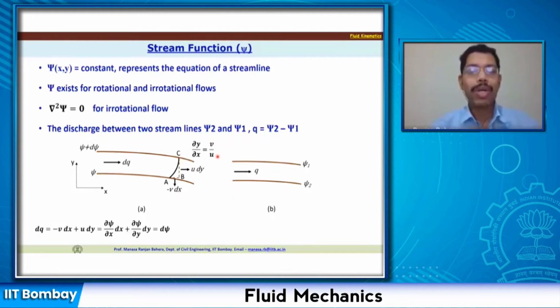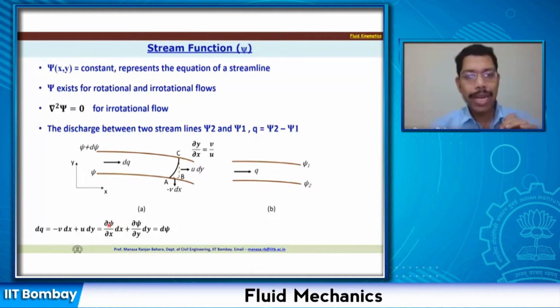So I can write down the discharge dq through this elemental strip between two streamlines, that is psi and psi plus dψ. The discharge dq I can write down as minus v dx plus u dy, which equals dψ.